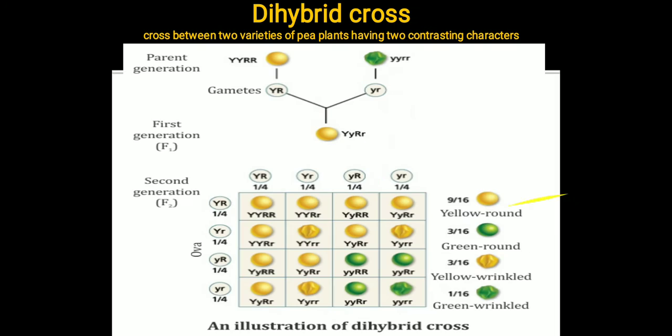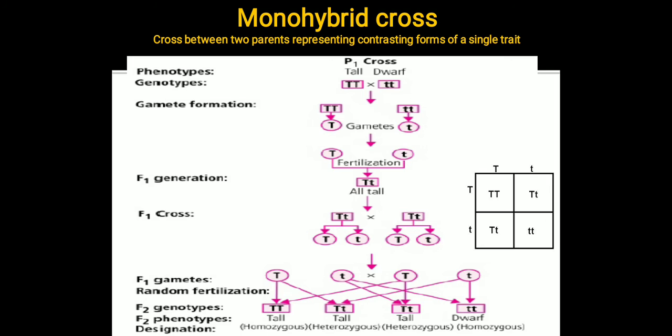Sometimes they ask what is the phenotypic ratio of the monohybrid cross. The phenotypic ratio is the morphological expression of the plant. Here the phenotypic ratio is 3:1, because 3 are tall and 1 is dwarf or short.